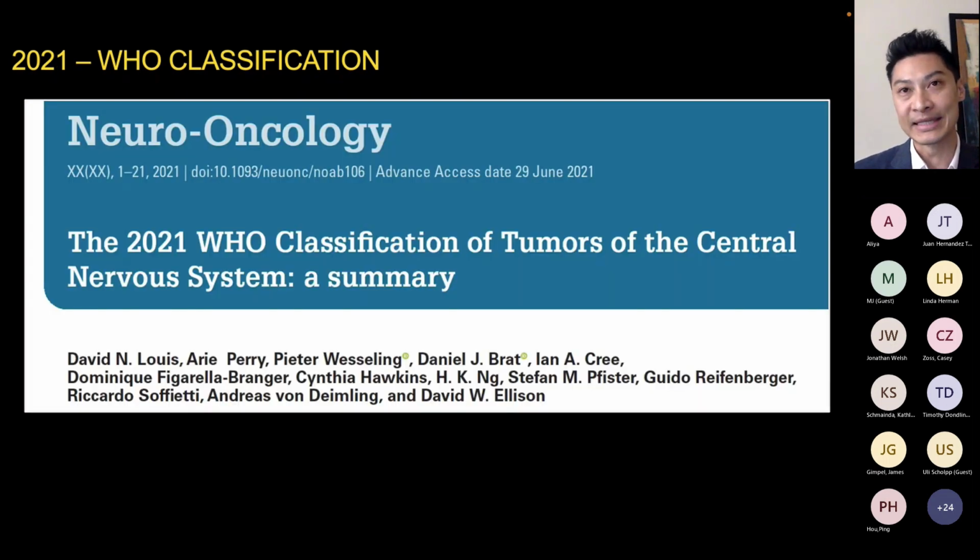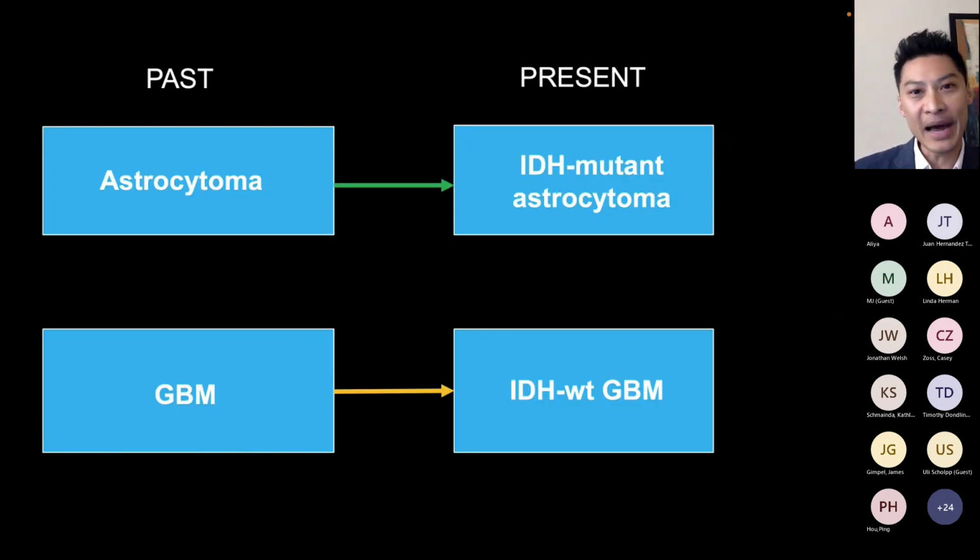And fast forward to today's time when there's been further refinement and trying to group tumors with similar genetic features as well as prognosis. So in the past, we used to have tumors such as astrocytoma and GBM, but now we're trying to group the tumors based on their genetic features. For example, instead of just astrocytoma, we have an IDH mutant astrocytoma.